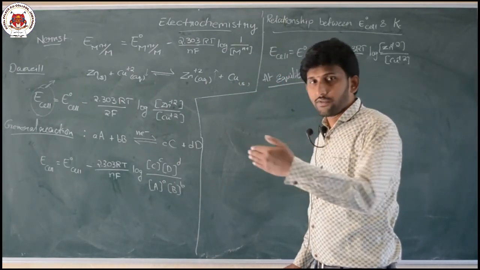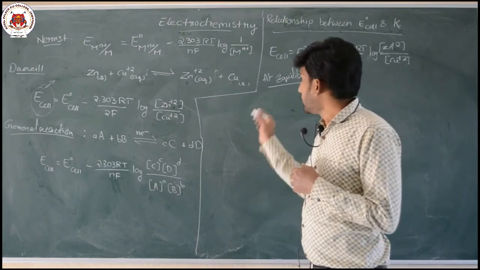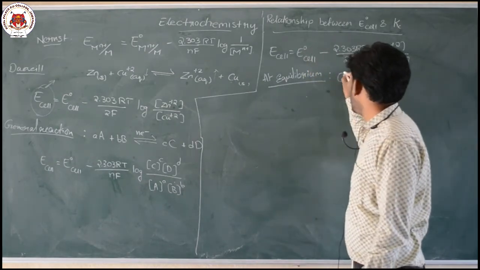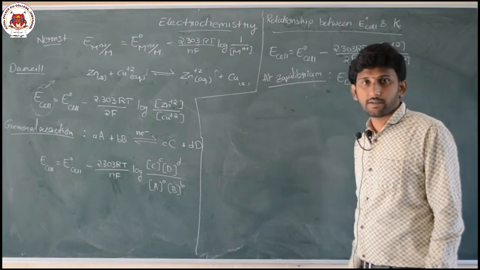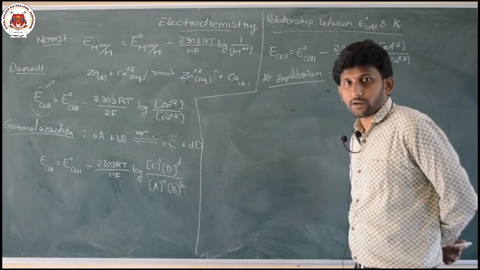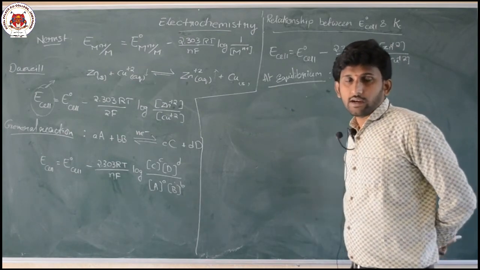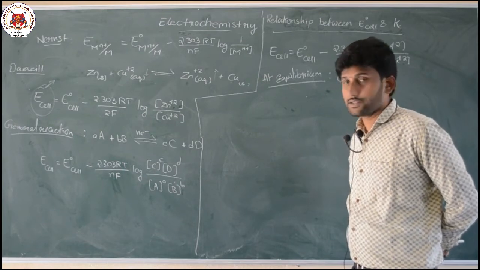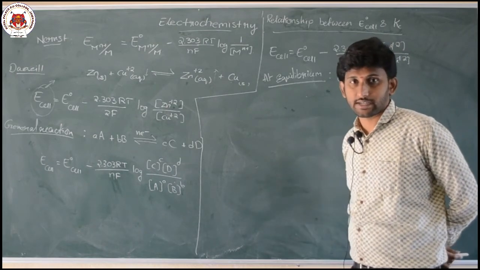Because the rate of forward reaction and the rate of backward reaction are the same. When both the rates are the same, then the net EMF, that is E cell, will become 0, constant, because both reactions are taking place simultaneously at the same rate. So the EMF of the cell approaches 0 or it is constant.